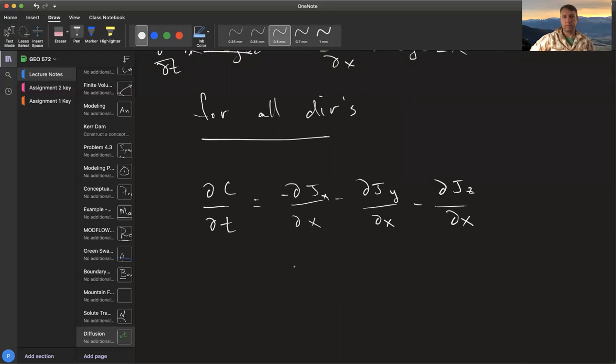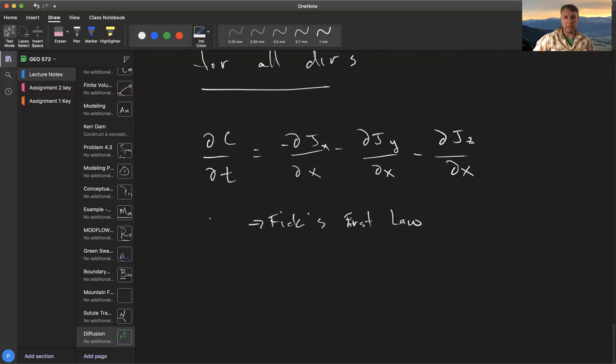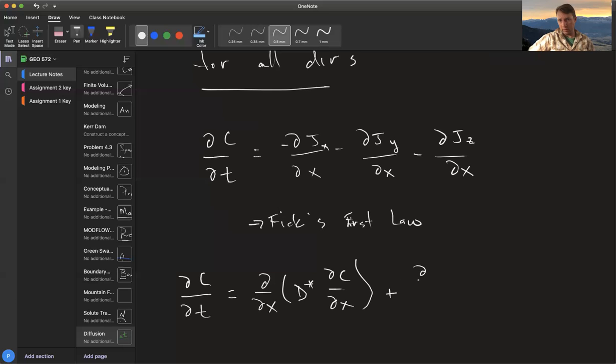All right, and now substitute in Fick's first law for J. And I get dC/dt is equal to d/dx of D star dC/dx, plus d/dy of D star dC/dy, plus d/dz of D star dC/dz.